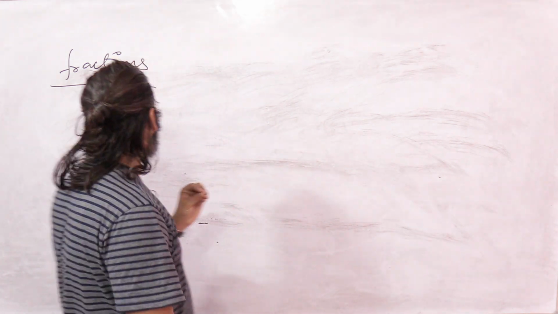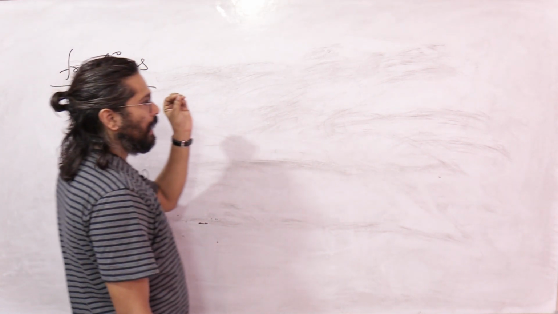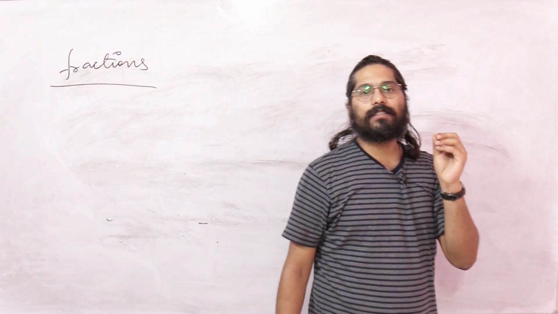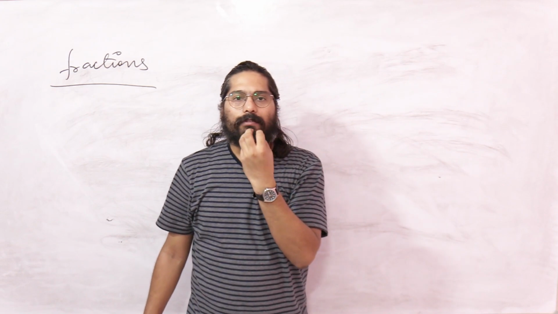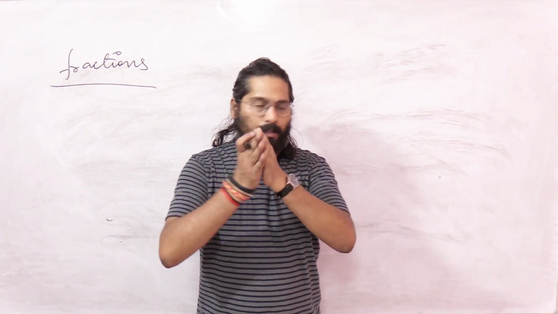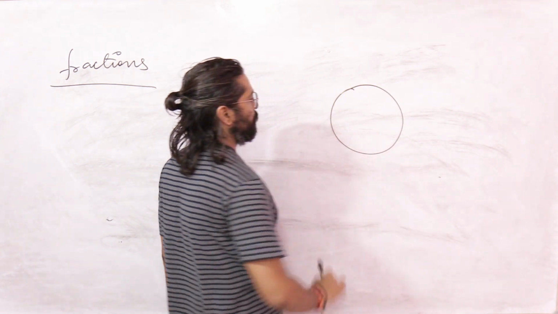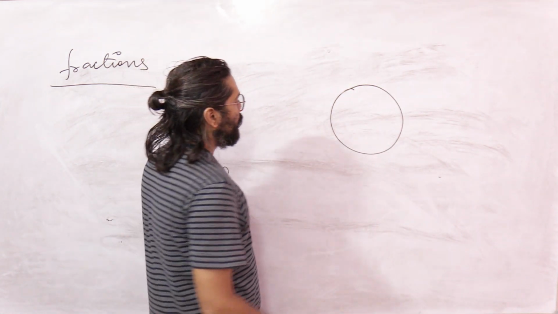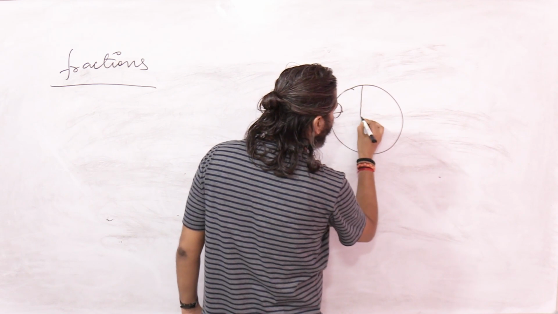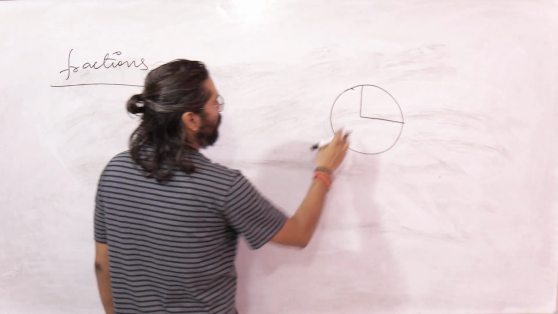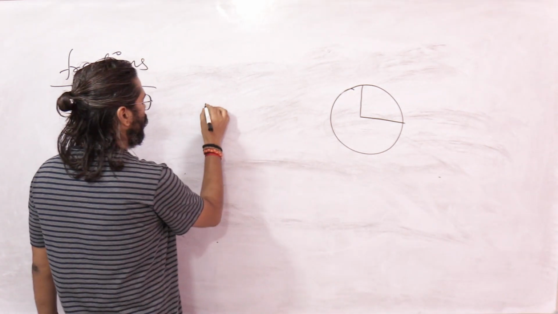Okay. Now, fractions, as I have just told you, are always some part of something. Suppose a circle like this, and you want 1/4 of this circle, that is this whole portion.